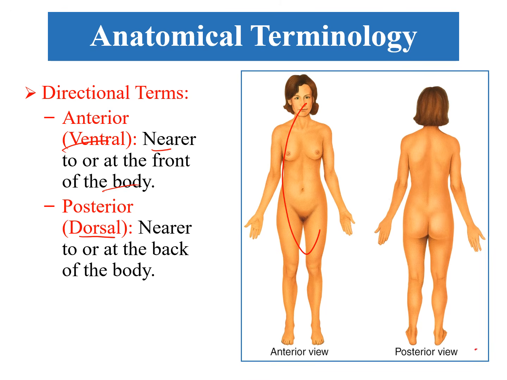When you say structure A is anterior to structure B, what you mean is that structure A is nearer to the front of the body in comparison to structure B. Then posterior or dorsal means nearer to or at the back of the body. So if a structure is posterior to another structure, it means it is nearer to the back of the body in comparison to that other structure.